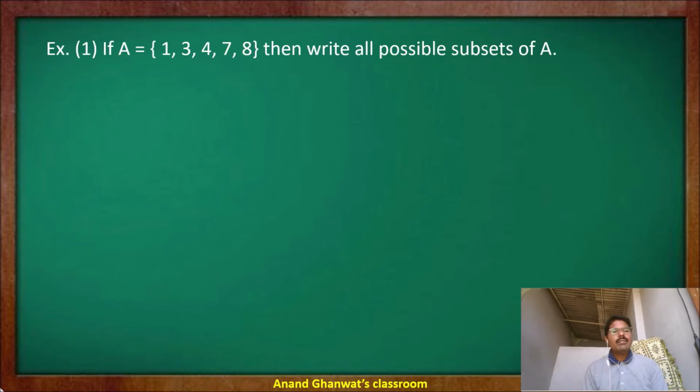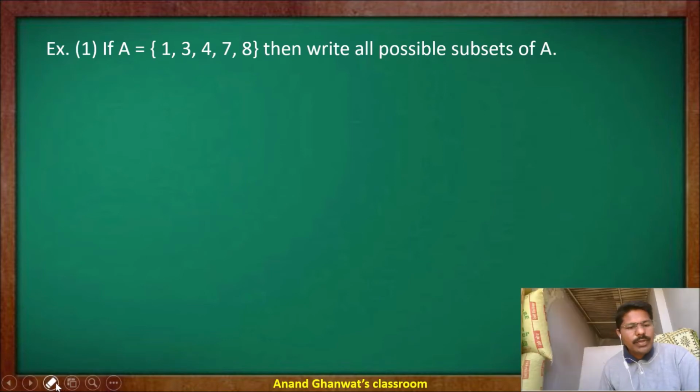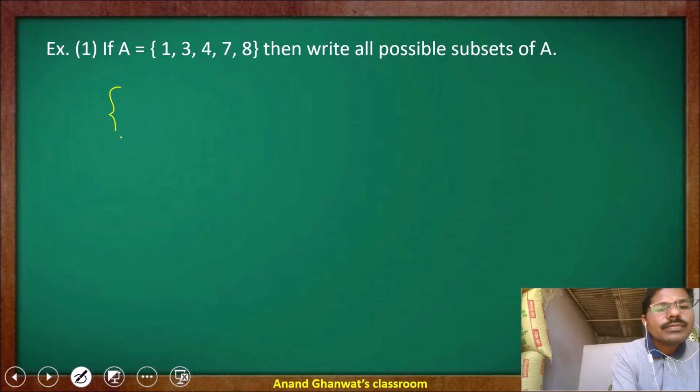Now example, if A is equal to {1, 3, 4, 7, 8}, then write all possible subsets of set A. In the previous discussion we learned that the empty set is a subset of every other set. So the empty set is a subset of A also.